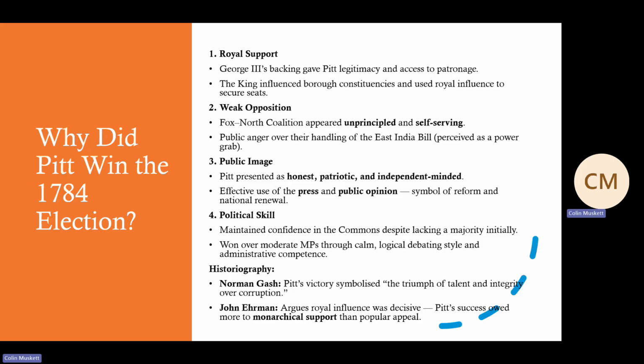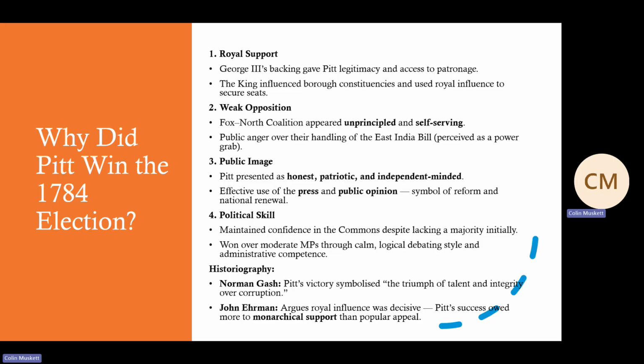Prior to Pitt running in this election, Parliament was dominated by Fox supporting Whigs. And so it was impossible for Pitt to command any kind of support or majority in the Commons. As a result of this election, the composition of Parliament changes, and the Fox Whigs are effectively obliterated in Parliament.